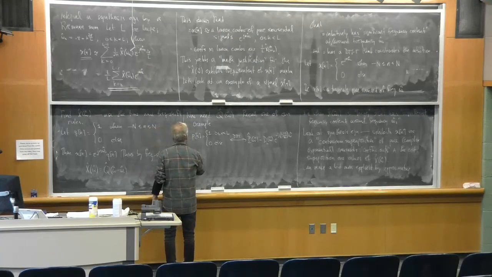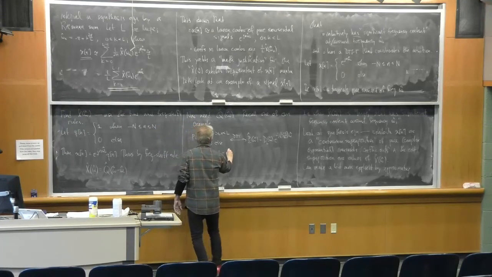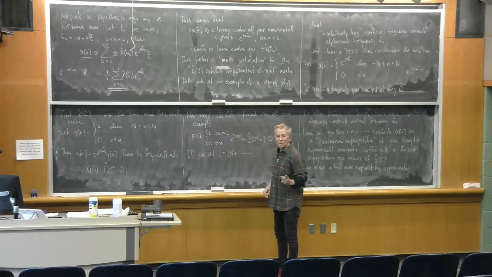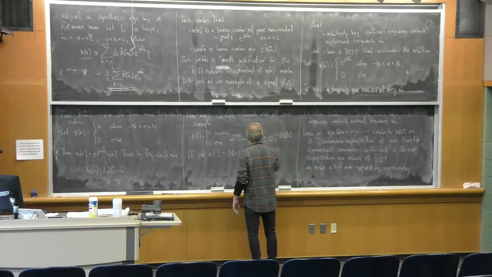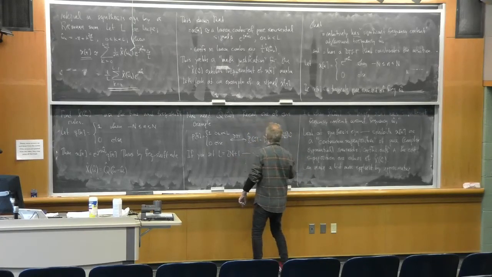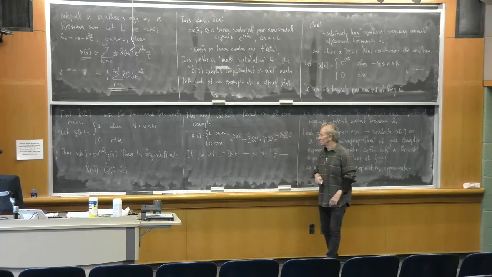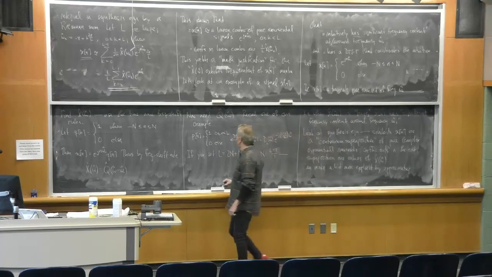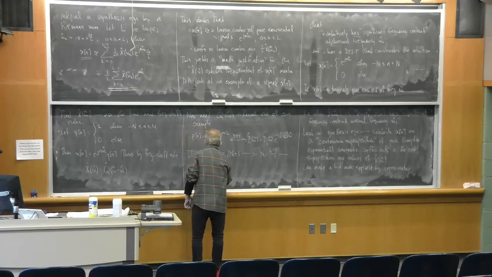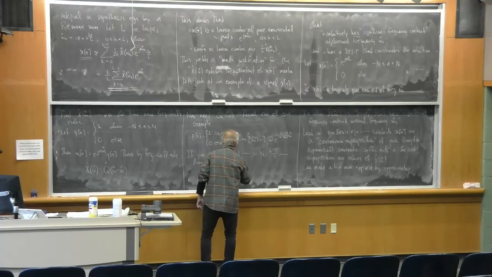If you set L equal 2N plus 1, that means that N is equal to (L minus 1) over 2, right? Then q of n is just going to be p of n plus N.